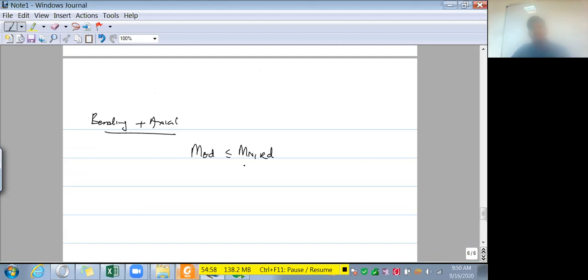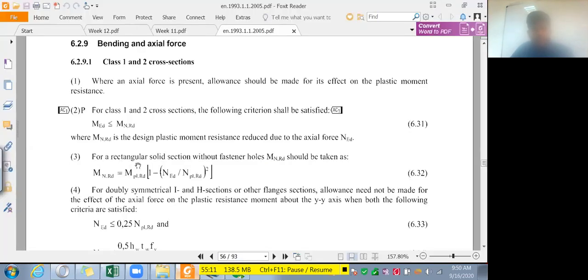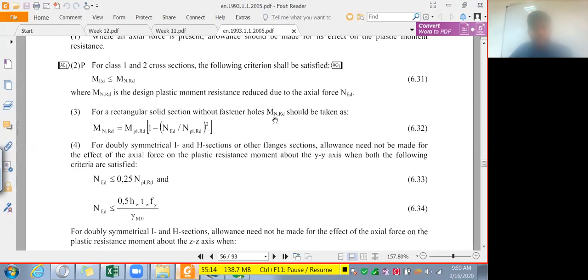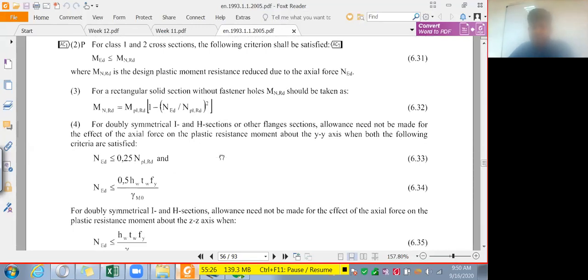Note that if it is pure bending, we consider Mc,Rd, but it is now MN,Rd. MN,Rd is obtained from this equation, that is, for a rectangular solid section without fastener holes. So it's like a solid rectangular beam. Our I section is not rectangular.